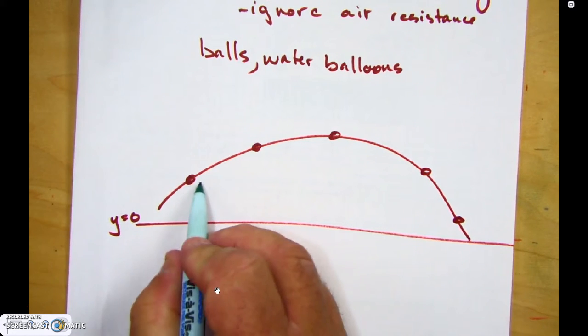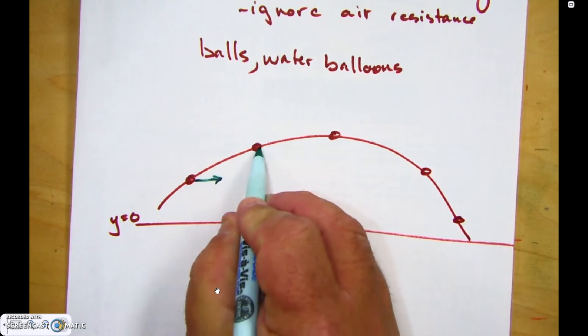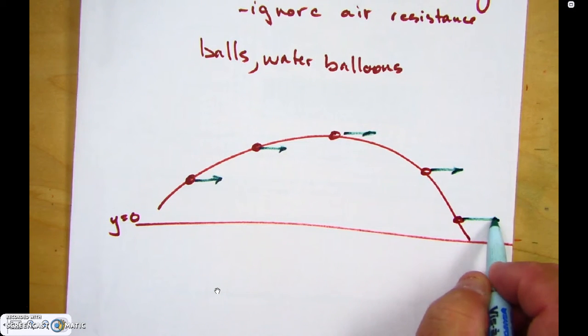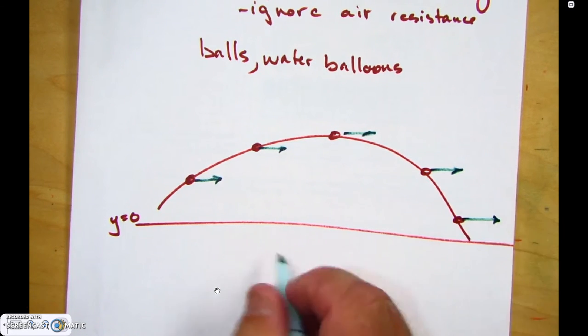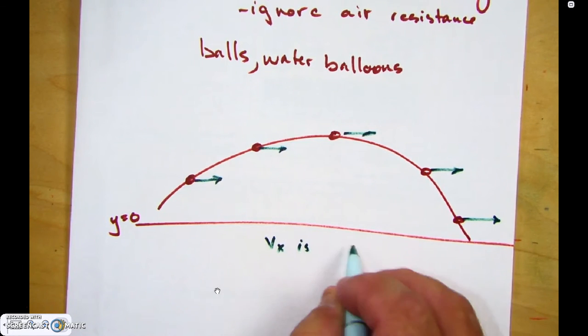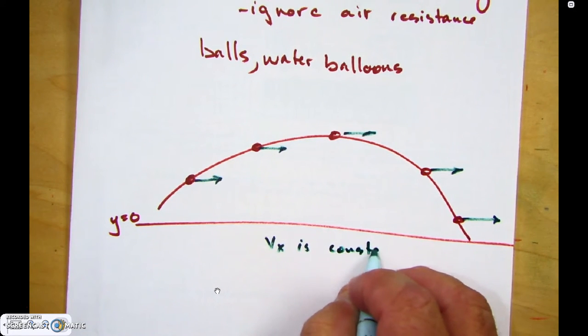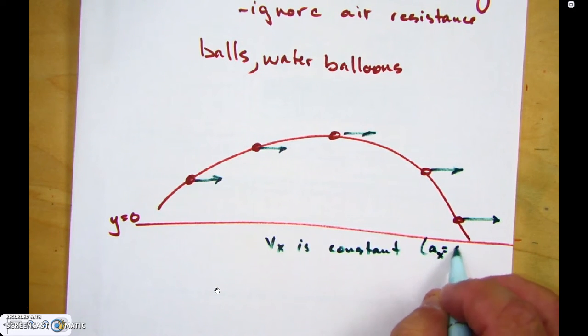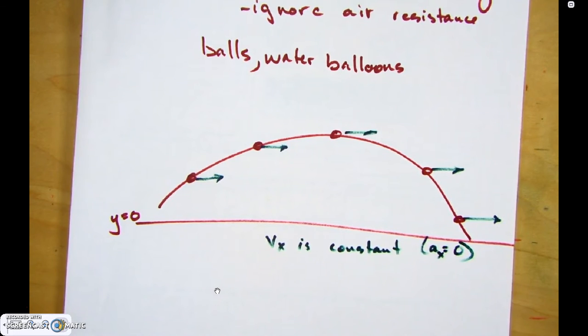First of all, the speed in the x direction is constant. So Vx is constant. Now, the reason Vx is constant is there's no acceleration in the x direction, and the acceleration in the x direction equals 0. Again, as soon as I ignore air, I'm not going to change any speed in the x direction.